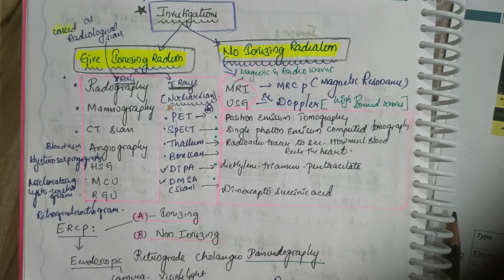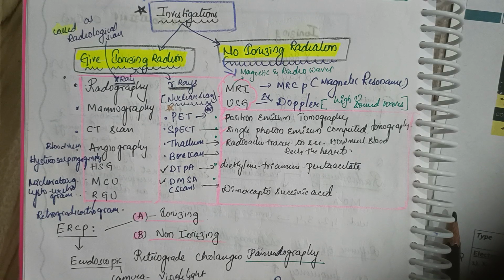Now, what are the investigations under the non-ionizing radiation? We have MRI, we have USG scan. Under MRI, we have MRCP, magnetic resonance.